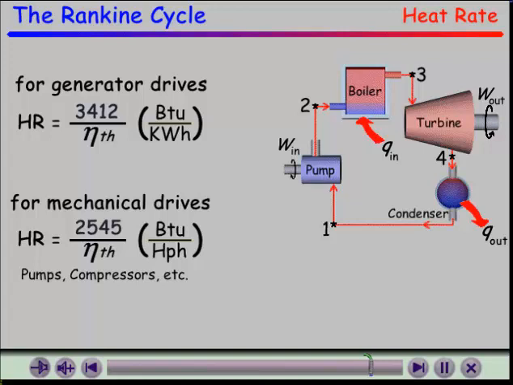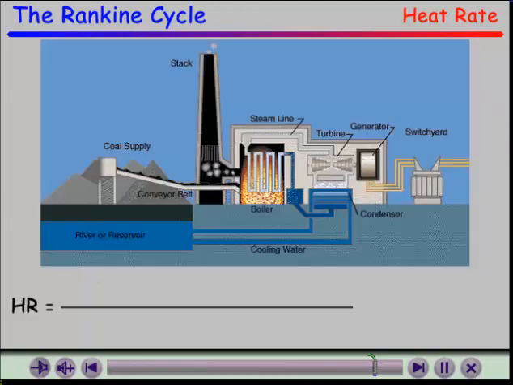Let's go through an example of how heat rate is determined. A coal-fired power plant has a turbine generator rated at 1,000 megawatts. It uses 9,800 tons of coal per day.